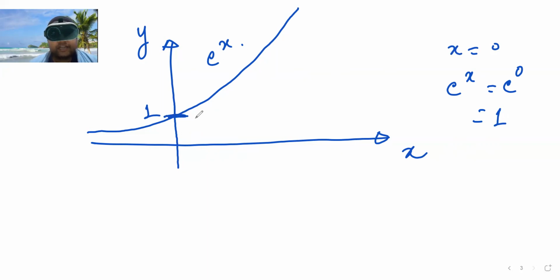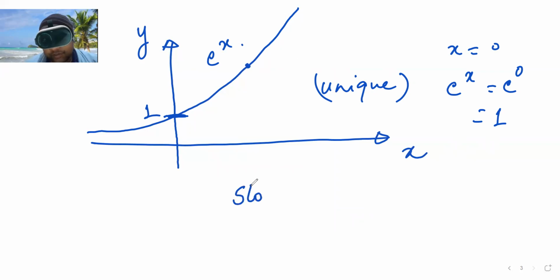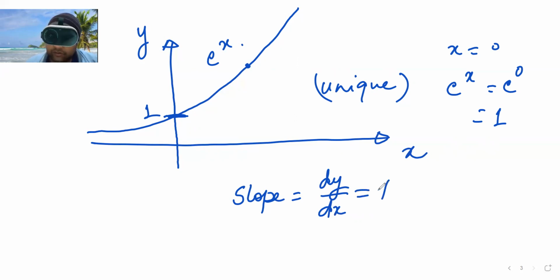It is the only graph. It has got a unique property. It is the only graph, or it is the only function for which the slope or the dy by dx, which is nothing but the differential, or the tan theta at any given point of time, is e^x.